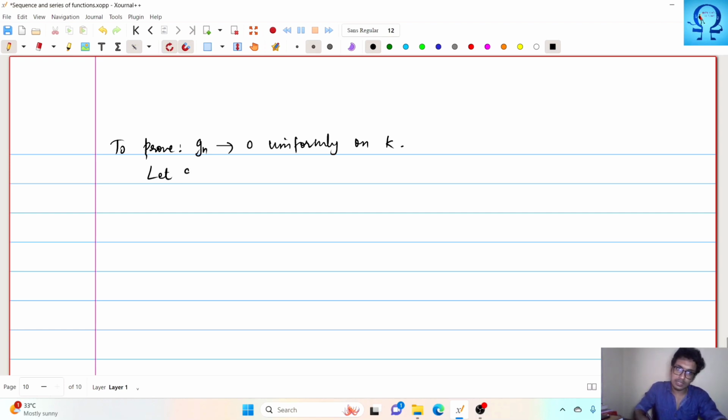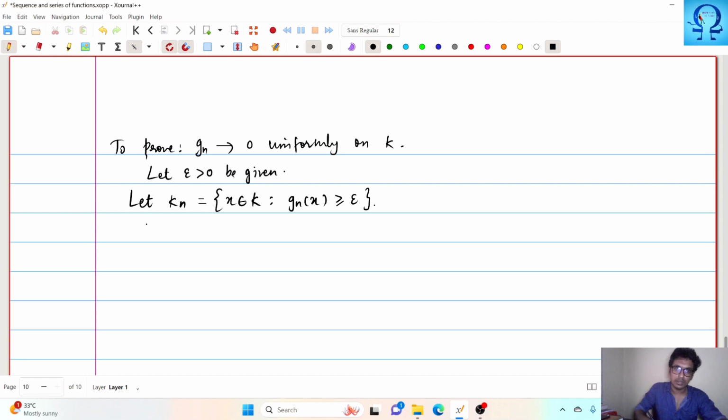Now, in order to achieve this, let us consider epsilon, which is given. We will pick some arbitrary epsilon. Now, to prove it is uniformly convergent, let us suppose that it is not uniformly convergent. Then, let Kn be the collection of all such x in K such that Gn of x is greater than or equal to epsilon.